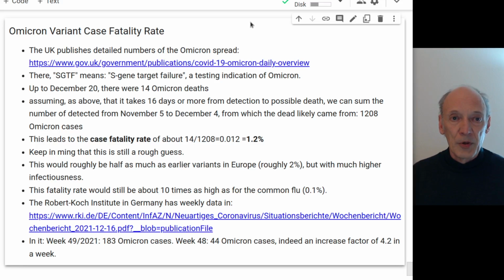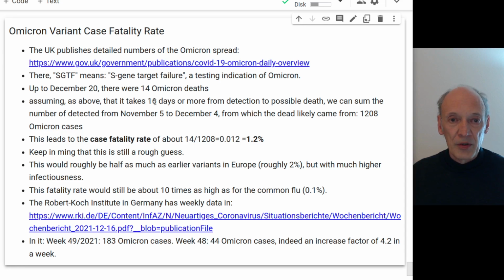Yeah, now it would be interesting to see how fatal Omicron actually is. The UK publishes detailed numbers of the Omicron spread here in this link, where SGTF means S gene target failure, which is a testing indication of Omicron. Up to December 20, there were 14 Omicron deaths in the UK.